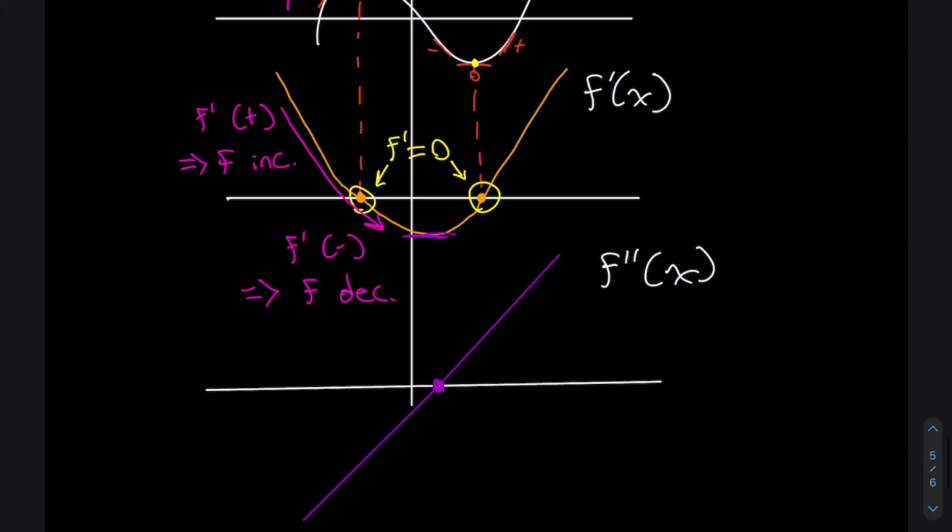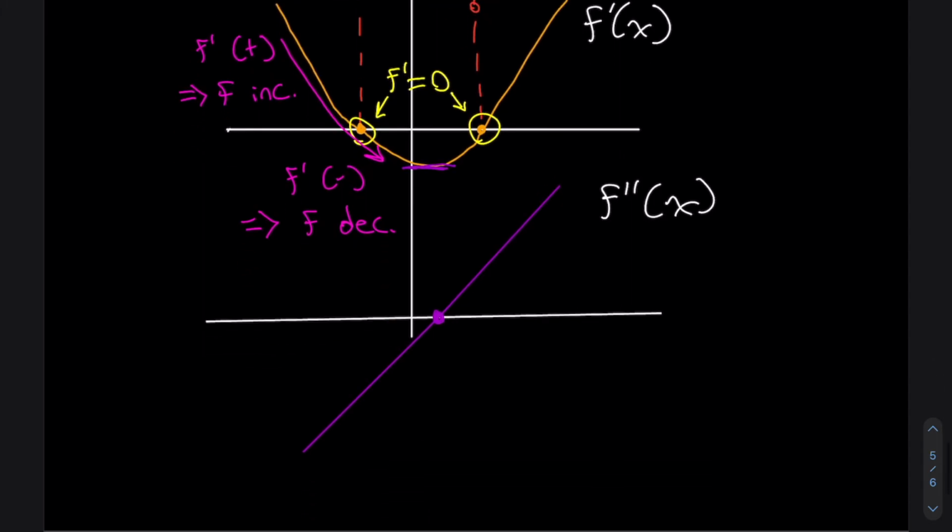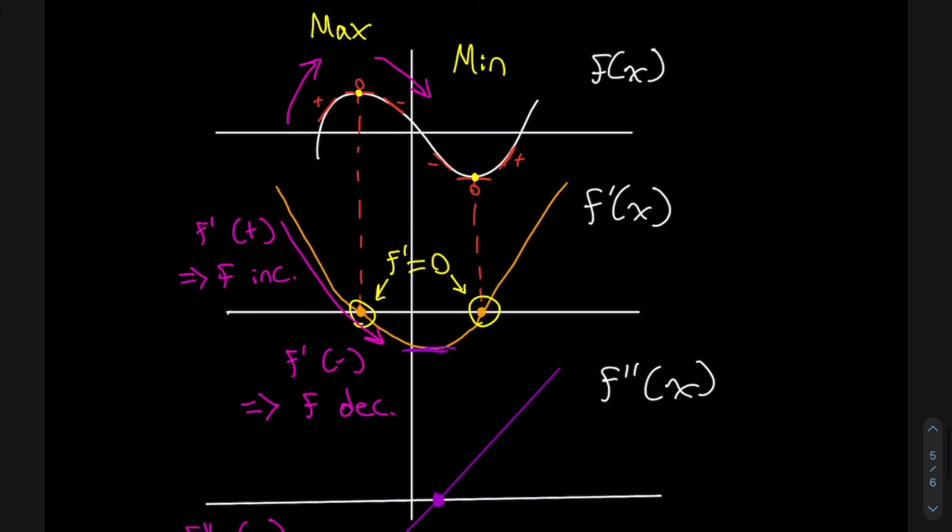This means the slope on f prime is negative, which means f double prime is negative. So when f double prime is negative, this corresponds to f being concave down, because that means that f is going in this sort of direction, which means it is concave, pointing downwards.